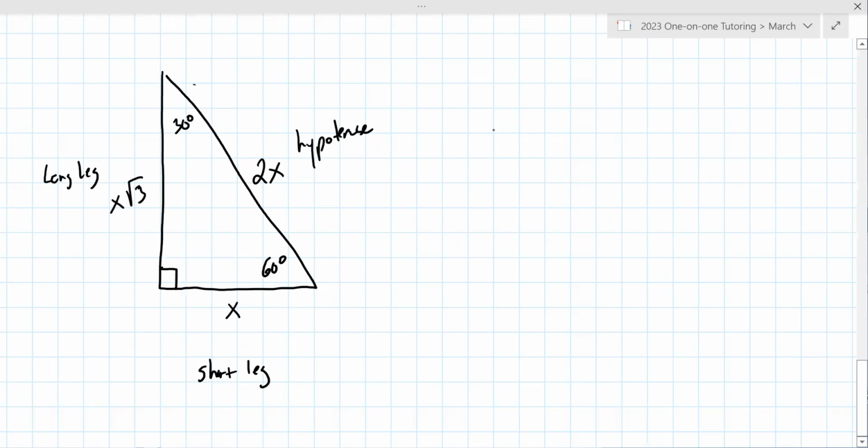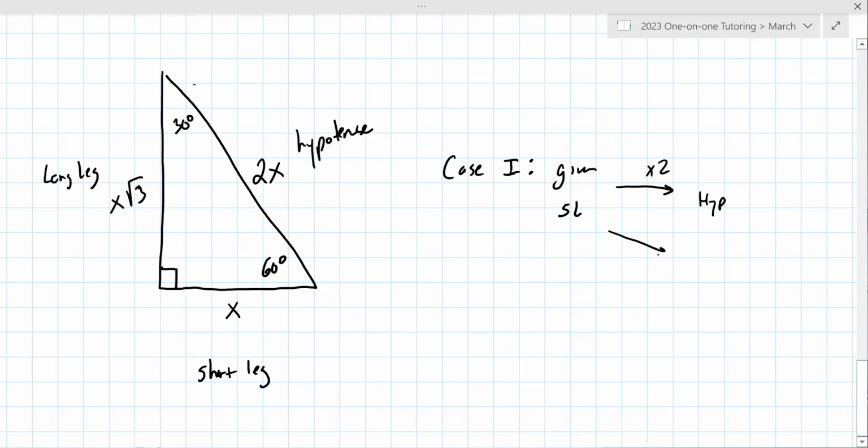Right, I'm starting to get it. This makes me think of a problem I did today. So case one is you're given the short leg. When you're given the short leg, you can immediately find the hypotenuse by multiplying by 2.